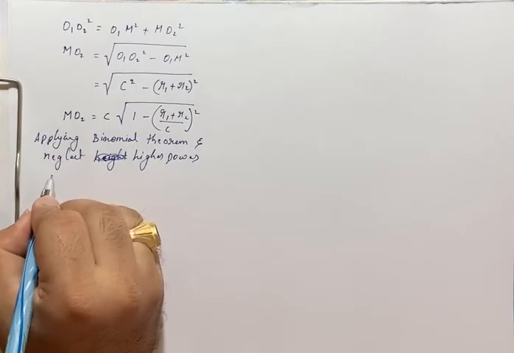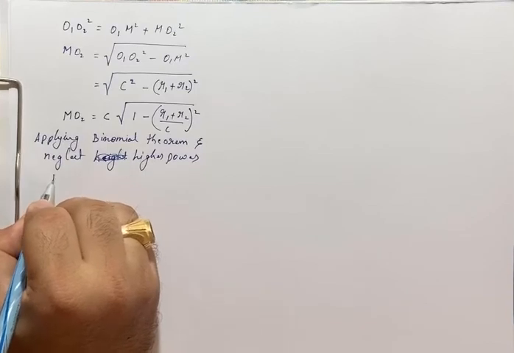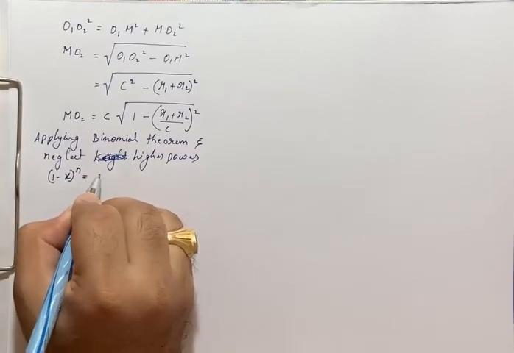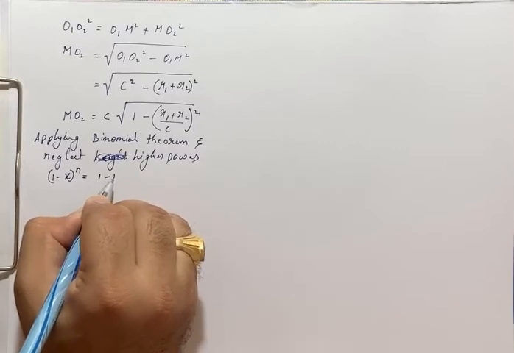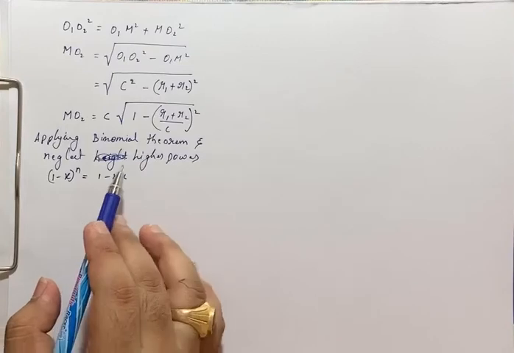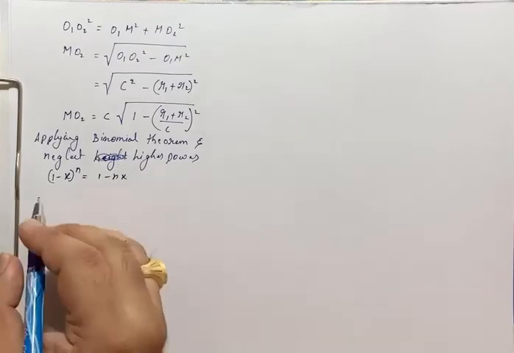That is 1 minus x raised to n, which is equals to 1 minus n x here, right. This is what the binomial theorem says, and we will be neglecting the other terms, right.